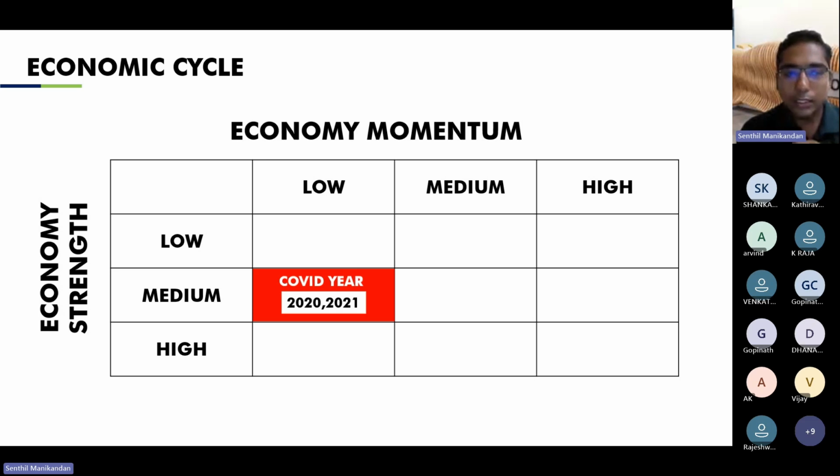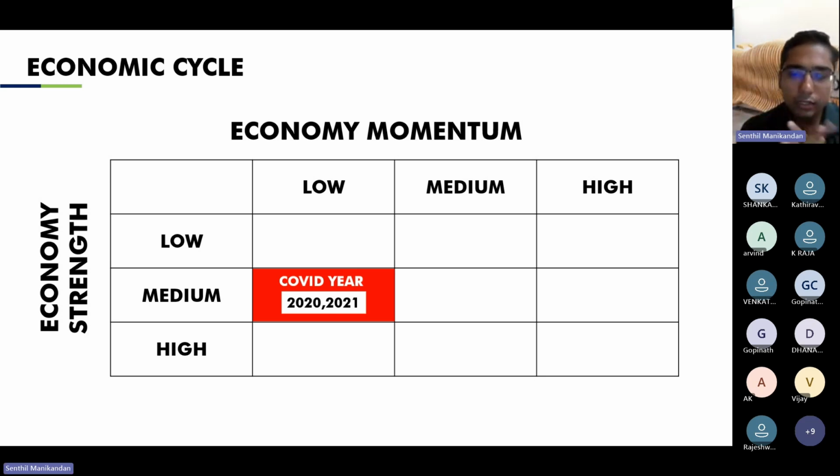On the other side, economy strength. Economy strength looks at how the banking sector is positioned in terms of lending, and also involves our forex position and our current account deficit. Putting together these economy momentum and economy strength indicators, we have categorized how our economy has performed in the last 5 years.